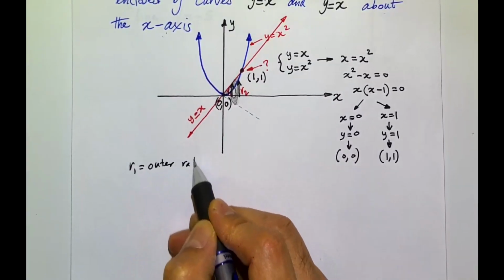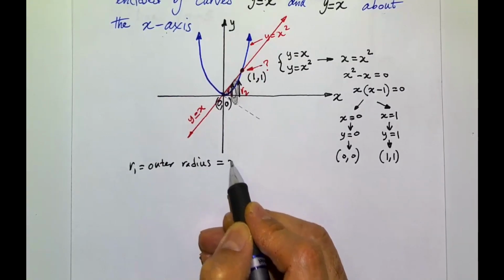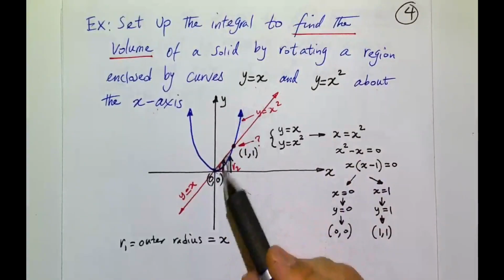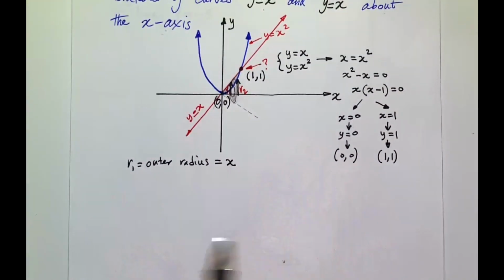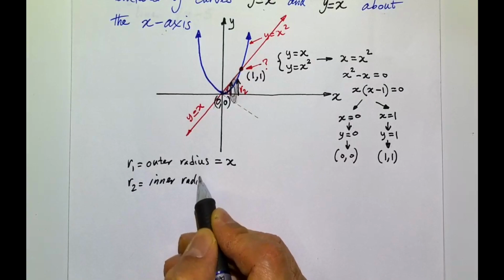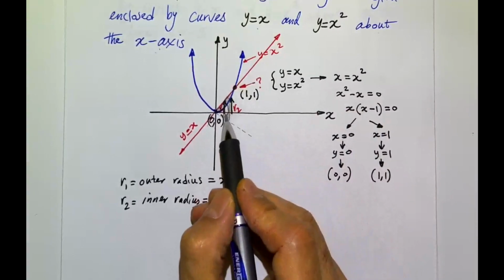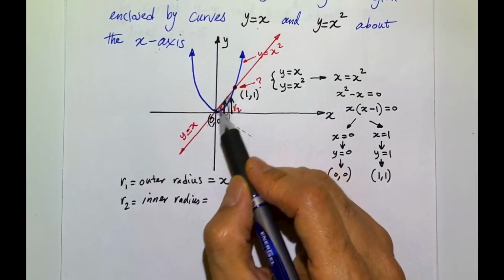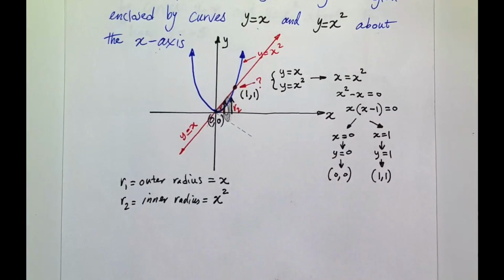So that's the outer radius. And what is it equal to? It is equal to x, because that's what the equation of that line is. y equals x is that. Okay, so the inner radius, we called it R2. What is that equal to? Well, that is equal to the distance from the axis of rotation, which is the x-axis, to that curve, which is x squared. So that is just x squared.